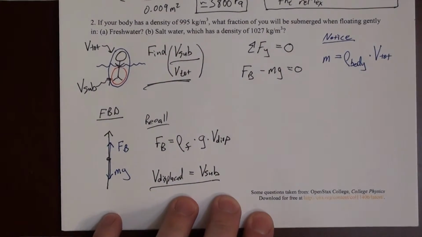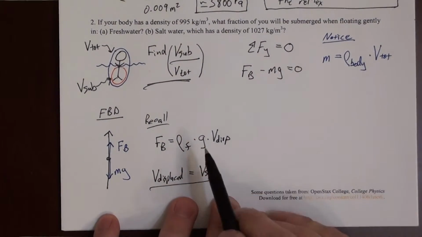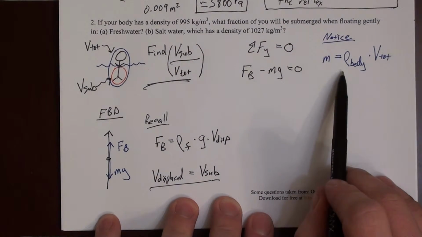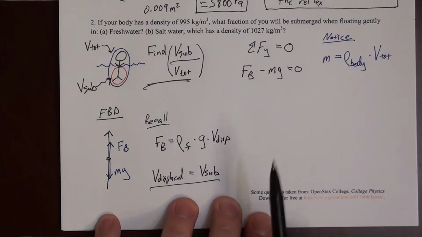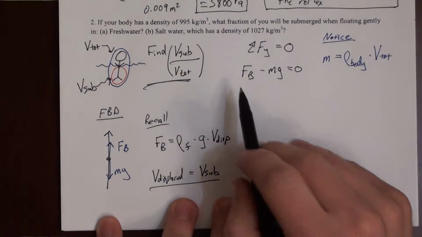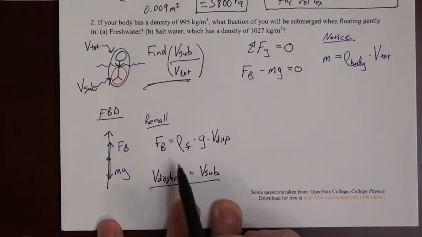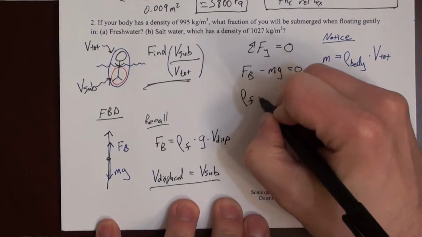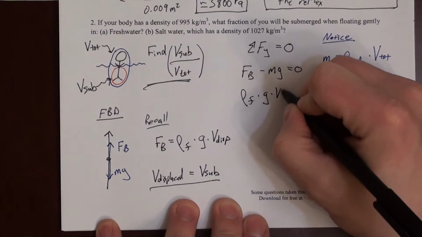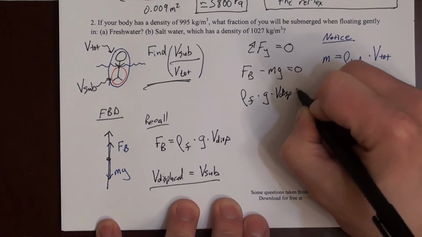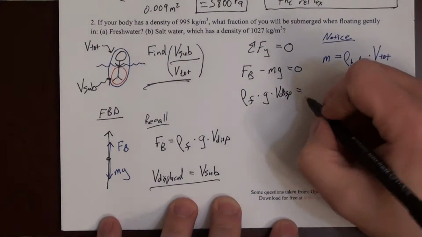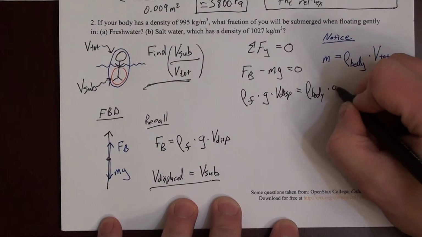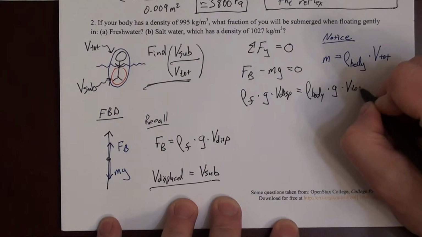So we'll move mg to the other side and replace m with this expression, the density of the body times the total volume. And in the same step, we'll replace the buoyant force with this expression. So I'll write rho fluid times g times V displaced equals rho body times g times V total.